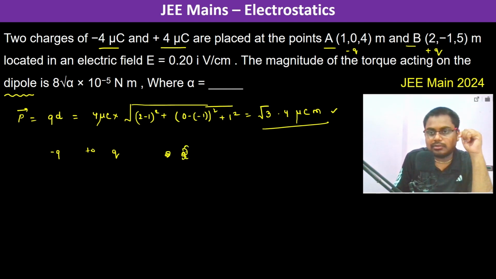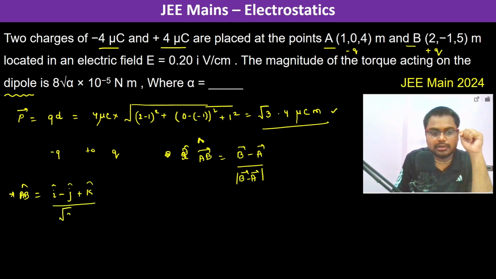So basically what we are writing is the AB unit vector, the direction of the electric dipole moment. AB unit vector is B vector minus A vector divided by the magnitude of B vector minus A vector. Therefore AB unit vector is (i cap minus j cap plus k cap) divided by root 3.